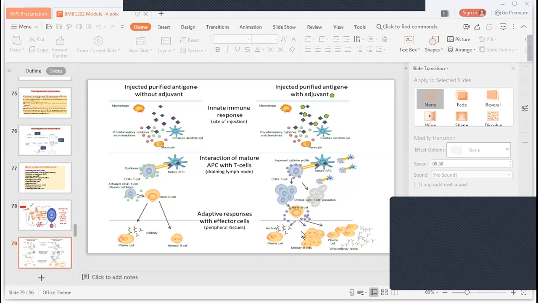But here, these cytokines are promoting more plasma cells, which means more antibodies coming into your blood and then storing in the lymph node. So by using adjuvant, we are increasing the immunogenicity of the antigen also. So this is the novelty of using an adjuvant with antigen in the preparation of vaccine.